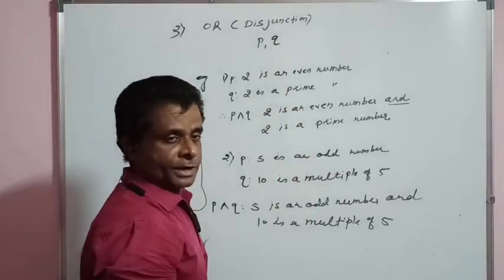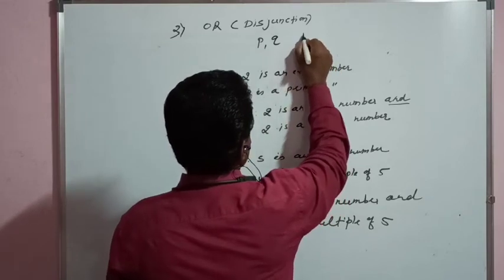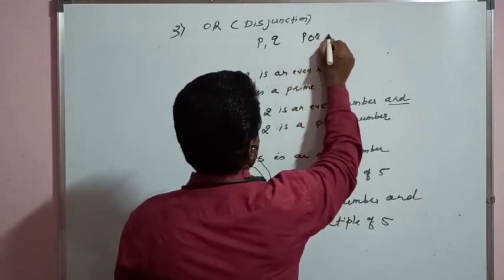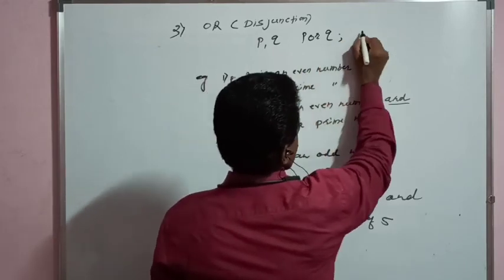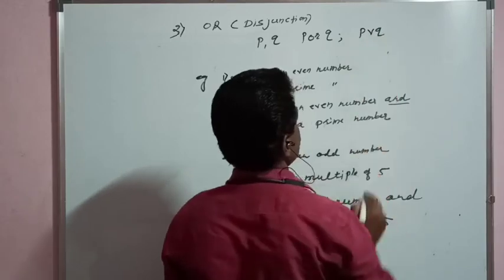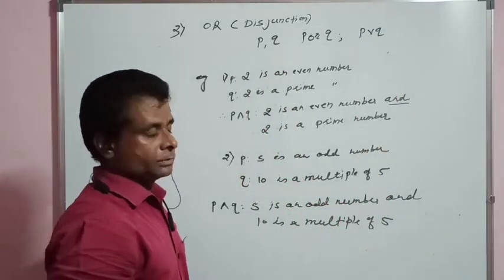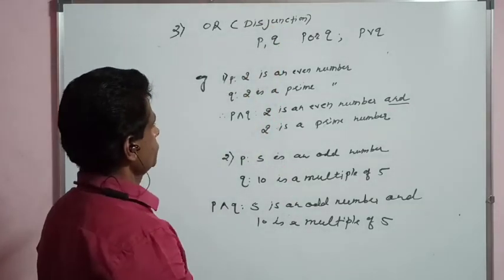P and Q are any two statements, then the disjunction is denoted by what? P or Q, or you may write symbolically as what? P disjunction Q. Take some examples of this disjunction.